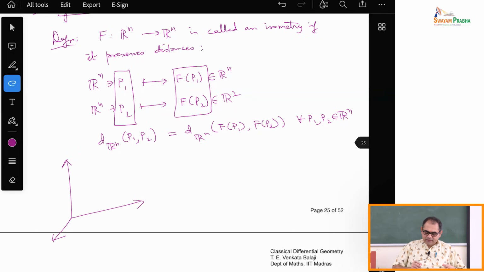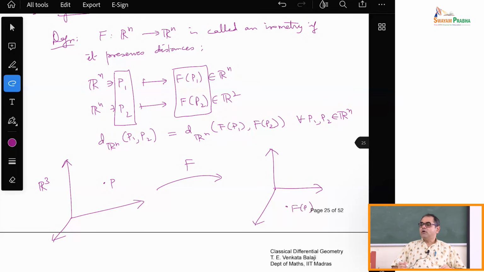If you take a point P in R3, an isometry of R3 will be a map F which will go from R3 to R3. So a point P will go to a point F of P. Now what we can do is also write this map in terms of thinking of points as vectors. So think of every point as the position vector of that point with respect to the origin, with origin as the initial point.